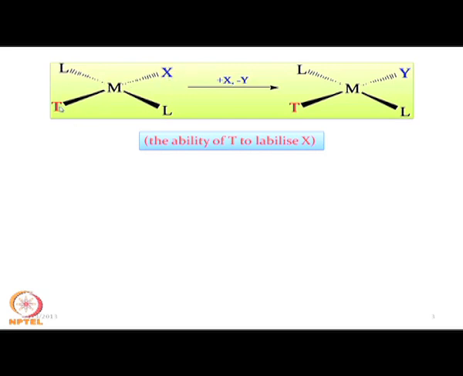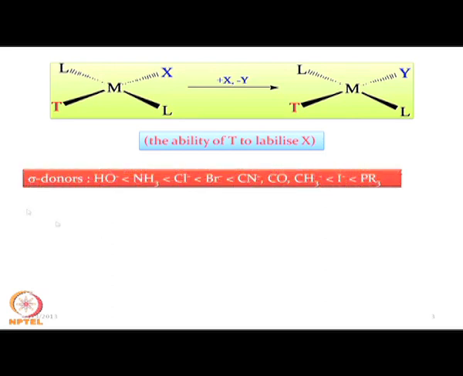If this is Cl and after substitution the group which is attaching is not Cl but NH3, then Cl and NH3 are not trans to each other, they might be cis to each other, and as a result we can have the cis molecule for the preparation of the cisplatin molecule.